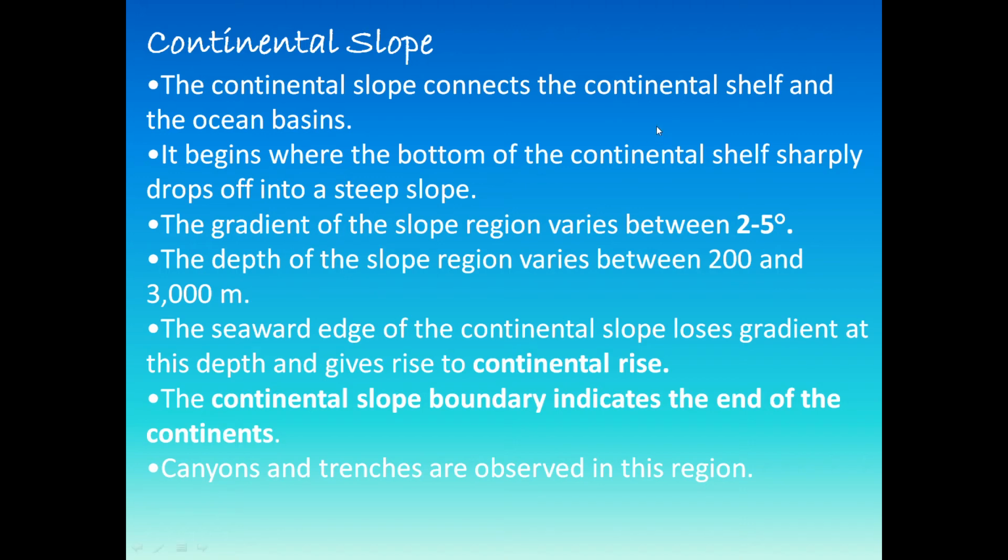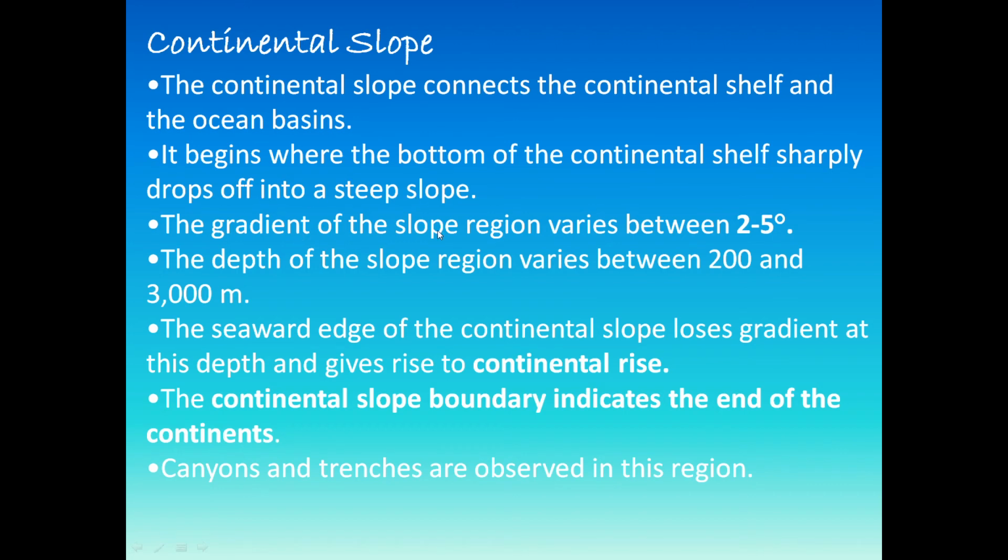Now continental slope is the connection of continental shelf, that is the continent's area, to the ocean basin. It is actually the real basin we are reaching. We are reaching the deep sea water when we are in continental slope. So it's a kind of a slide. It begins where the bottom of continental shelf sharply drops off into a steep slope.